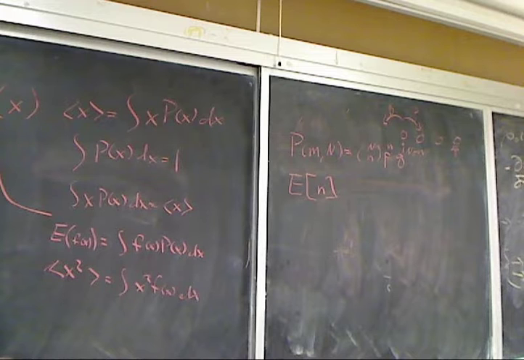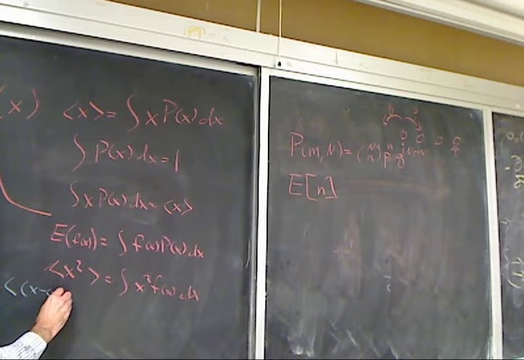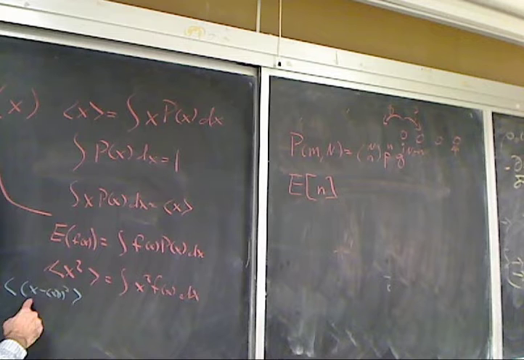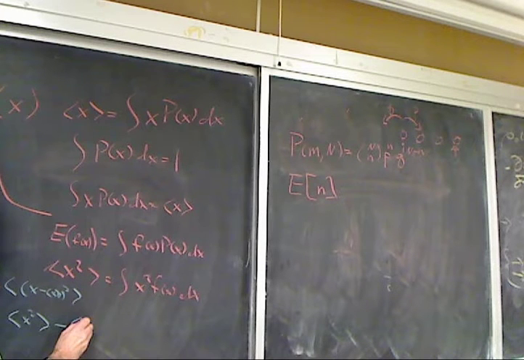The variance, which is the average of x minus average x squared. So this is the average of x squared. This is the average of x minus the mean squared. This is a more useful quantity in a lot of ways because it determines how far away from normal you are. If I square this inside sum, this is equal to the average of x squared minus the average of x squared.